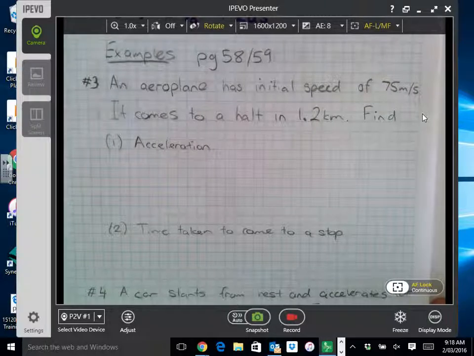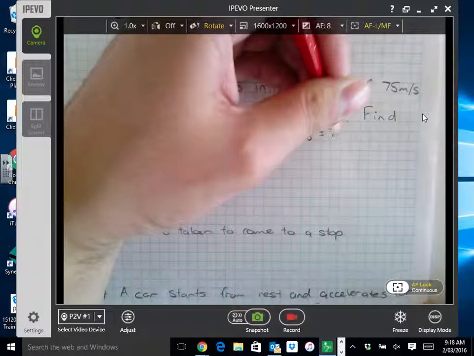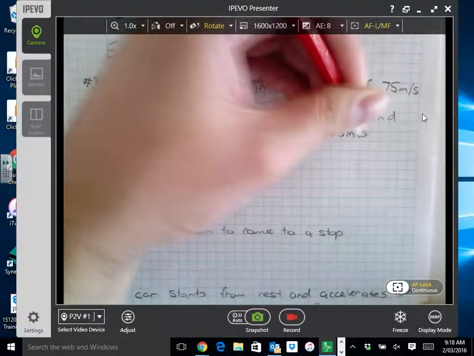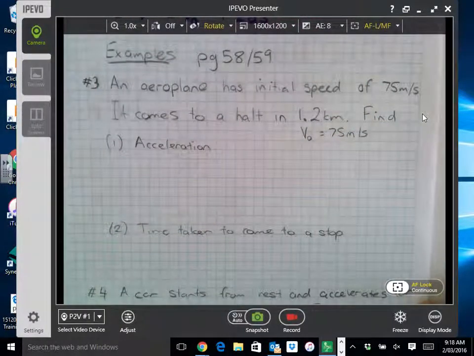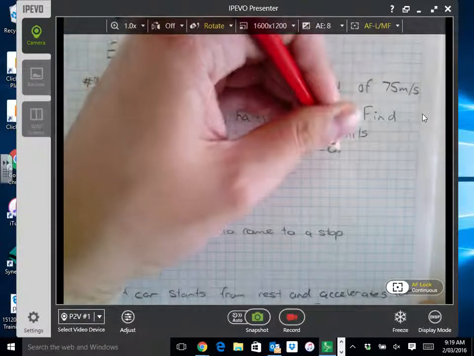So what quantities? Yeah, that's your initial velocity, your V naught, 75 meters per second. Okay, what else do I know? And yeah, the final velocity is 0 meters per second.